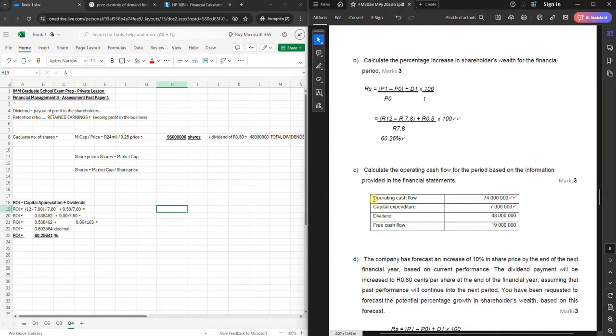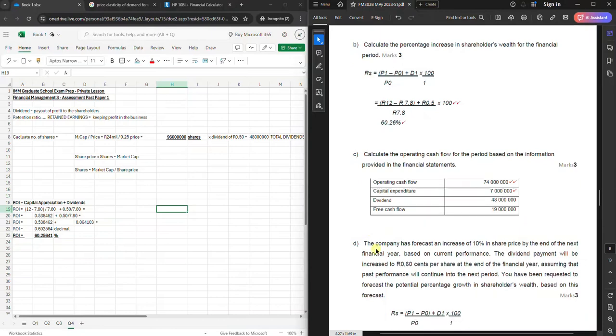They showed this at the top, but you're just adding these three. There should be an equation for this. You might have one in your study guide somewhere: free cash flow equals operating cash flow minus capital expenditure minus dividend. So the fact that they just wanted the operating cash flow means we have to add the rest. There you go. Happy with that one?